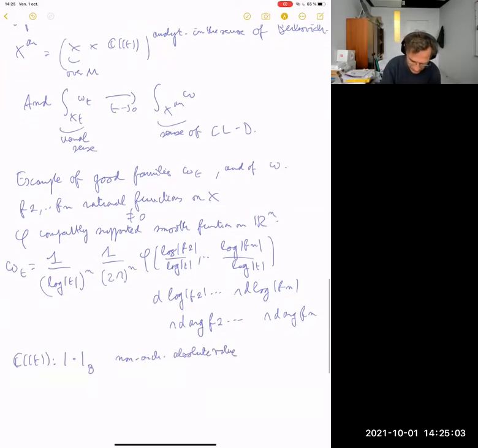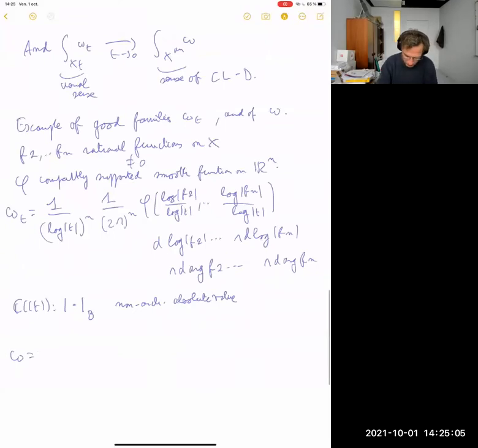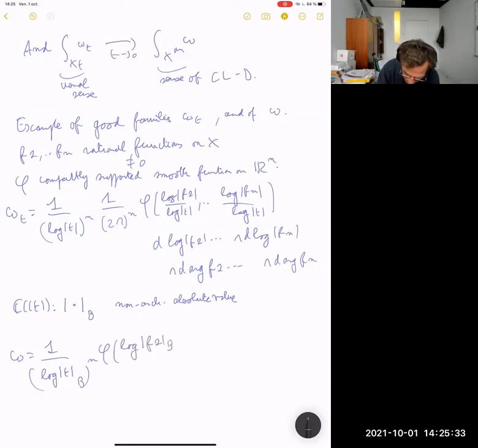And then the limit form is simply essentially the same, but you replace essentially everything by the Berkovich counterpart. So it will be 1 divided by (log absolute value of t Berkovich) to the n. There is no 2 pi now. Phi of log absolute value of f1 Berkovich divided by log absolute value of t Berkovich.